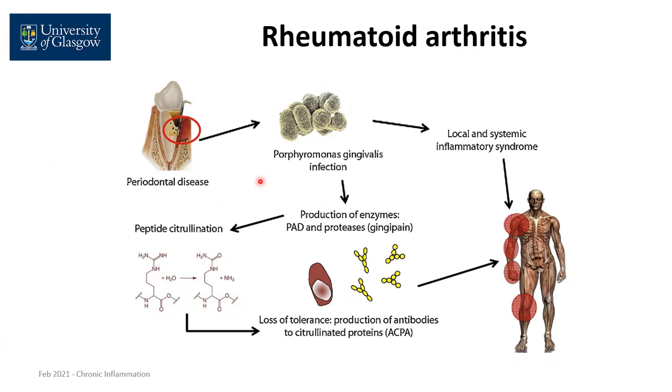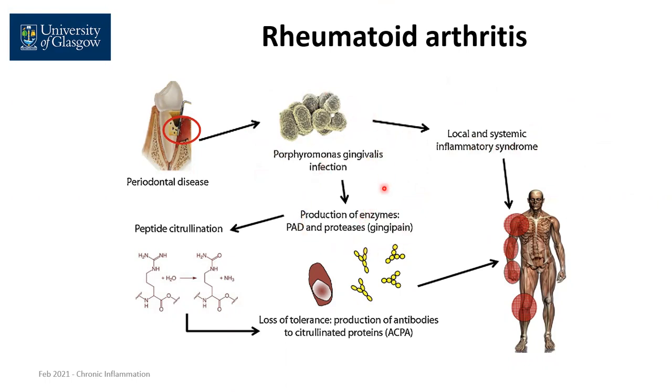We should hopefully by now appreciate that it's certain microbes within the oral cavity, within the oral microbiome, that can drive this disease. A good example is Porphyromonas gingivalis, which is known as the keystone pathogen in periodontitis. P. gingivalis infection can lead to not only local inflammatory responses, but also systemic inflammatory responses as well.